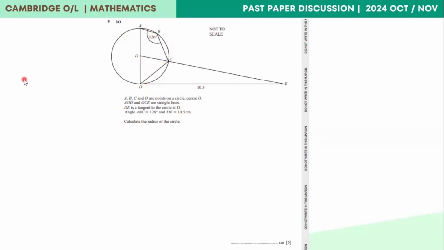So if we want to find the radius, the radius is any length from the center to the circumference. So OD, OC, or even OA we can find. I'm going to find OD, so we will label it. Now we know that in the circle theorem, the radius to tangent angle is 90 degrees.